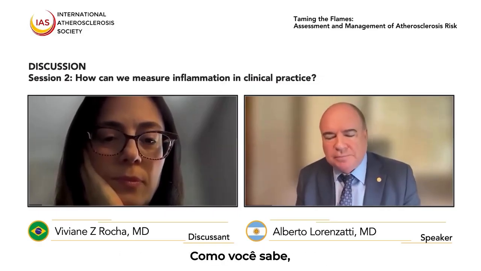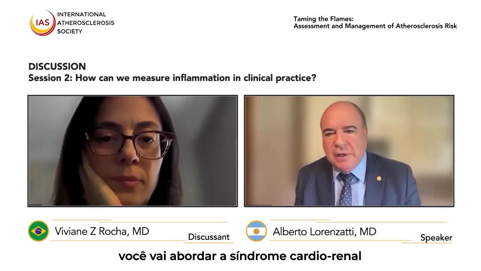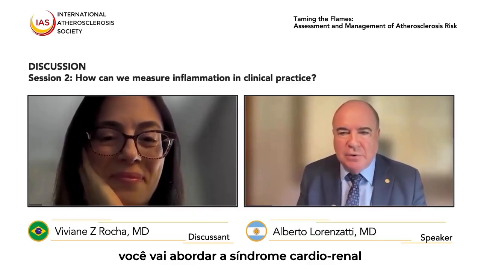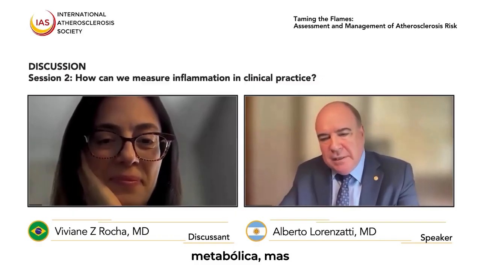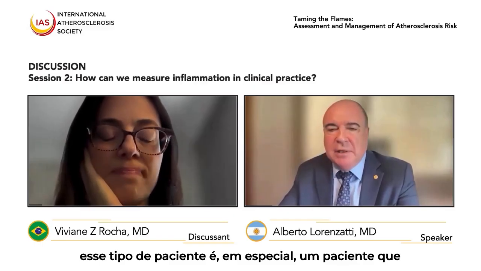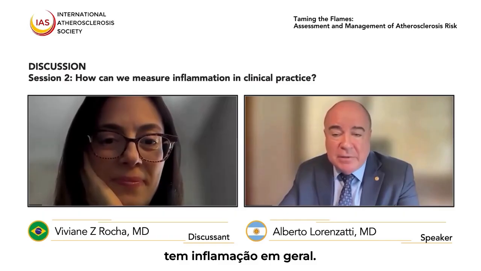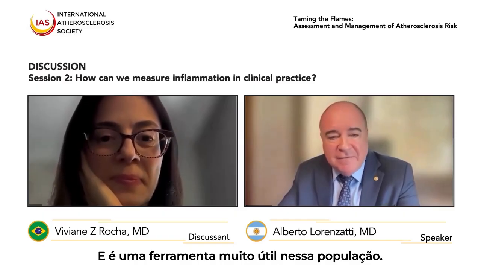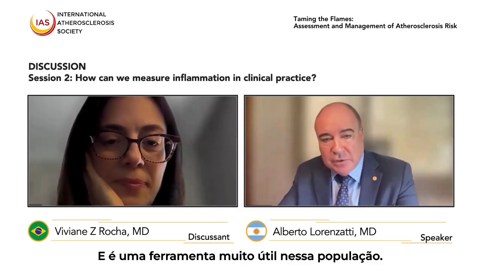especially in cardiometabolic patients. You know, in your talk, you are going to address cardiorenal metabolic syndrome, but these kinds of patients are particularly patients who have inflammation in general, and it is a very useful tool in this population.